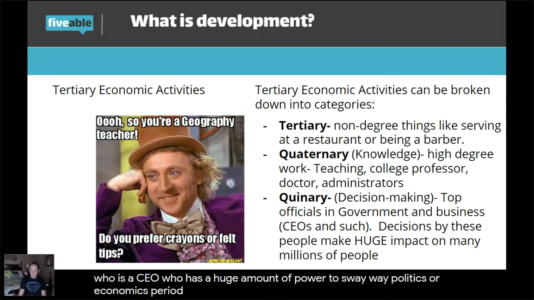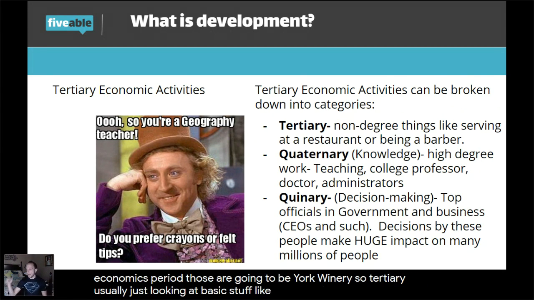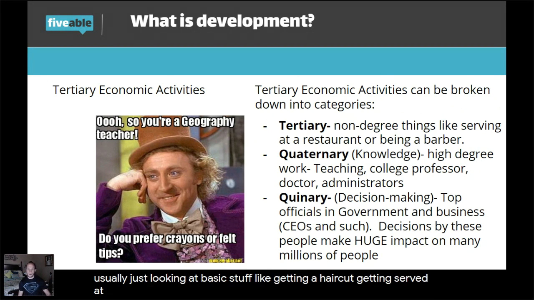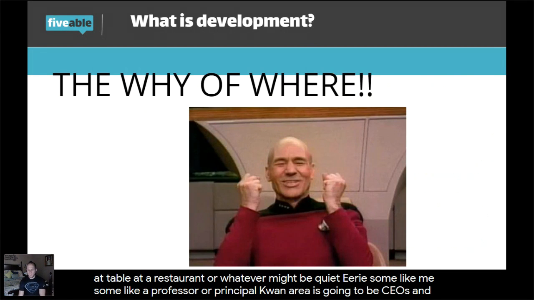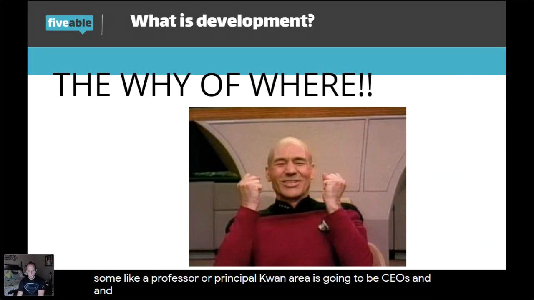Period. Those are going to be your quinary. So tertiary, usually we're just looking at basic stuff like getting a haircut, getting served at a table at a restaurant, or whatever it might be. Quaternary, someone like me, someone like a professor or a principal. Quinary is going to be CEOs and politicians.